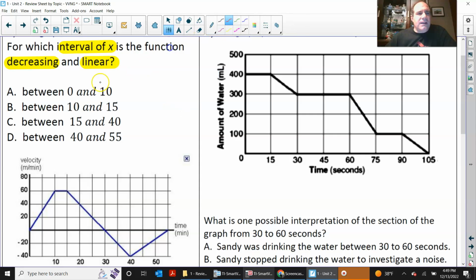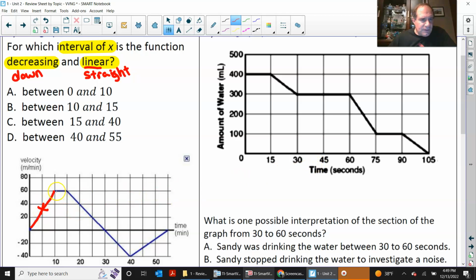So let me just go ahead and put down decreasing, because that's what decreasing means, and linear. So the line has to be straight. Okay, so decreasing. So I'm going to go ahead and go up here. That's increasing. So that's out.